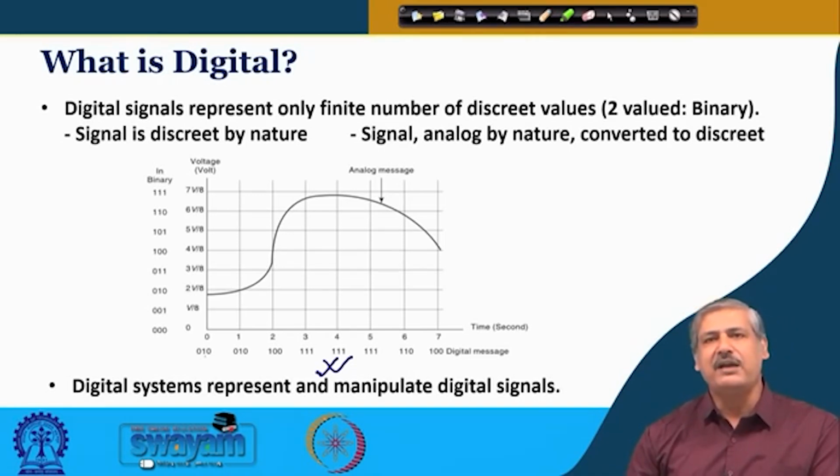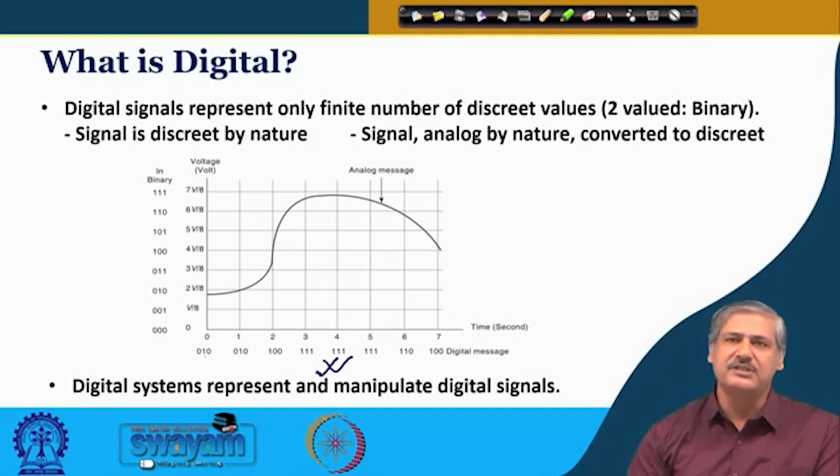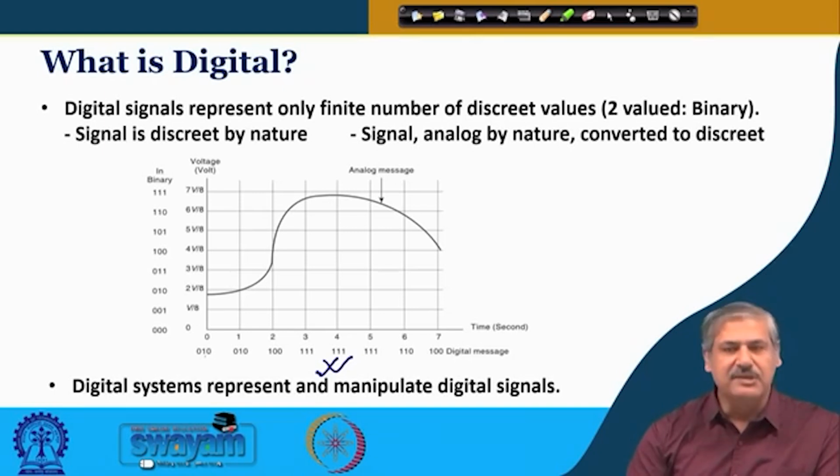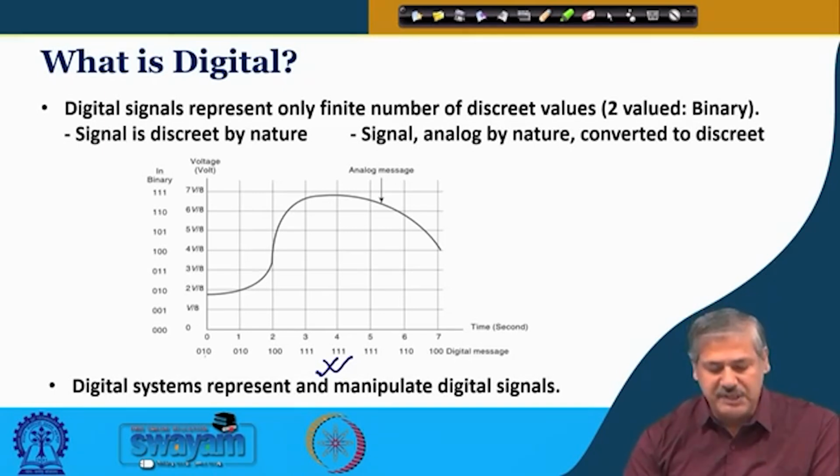And if you want to get back a continuous signal, then we need to do the reverse of it, a process by which we get the digital signal converted to analog form. That is called digital to analog conversion. We can see one example where an analog signal is converted to a digital signal in the figure that we see here on the screen.